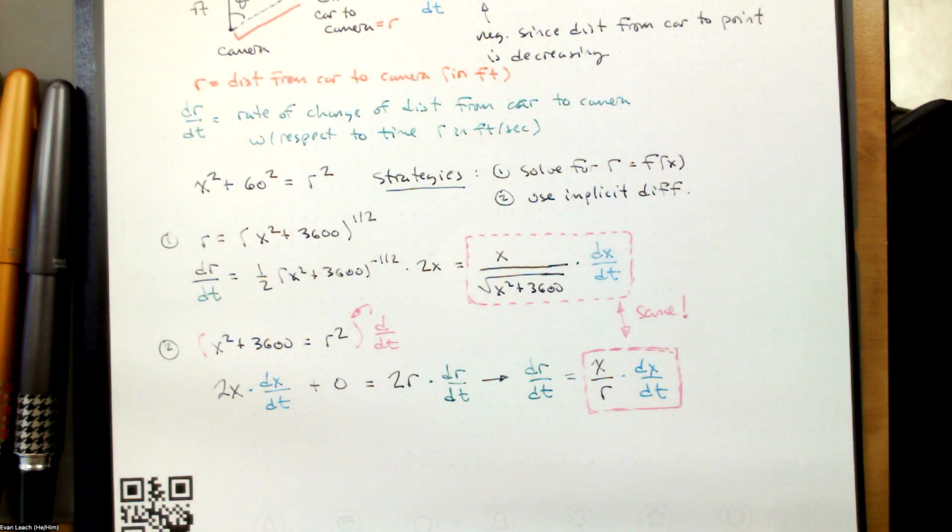Those are the same if we combine that with the fact that r is the square root of x squared plus 3600.